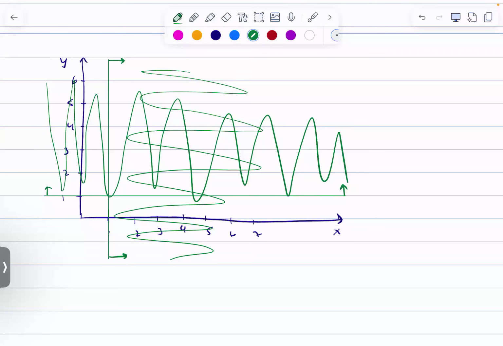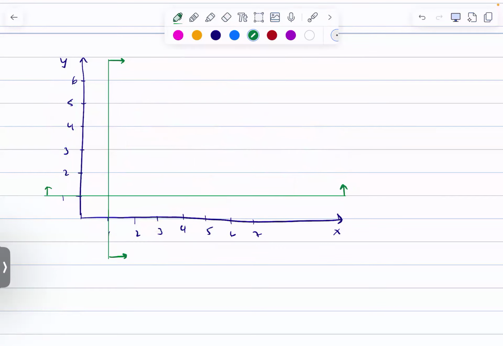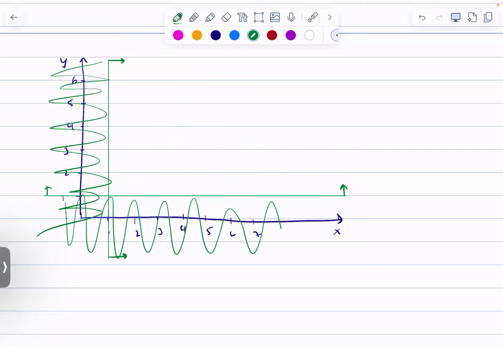It's really hard. Another method that I have read about that I have a hard time employing is you shade the area you don't want, and then the area that's unshaded is the feasible set. Because then you get rid of this, and so this is cut off, and this is cut off, showing where you're restricted to.